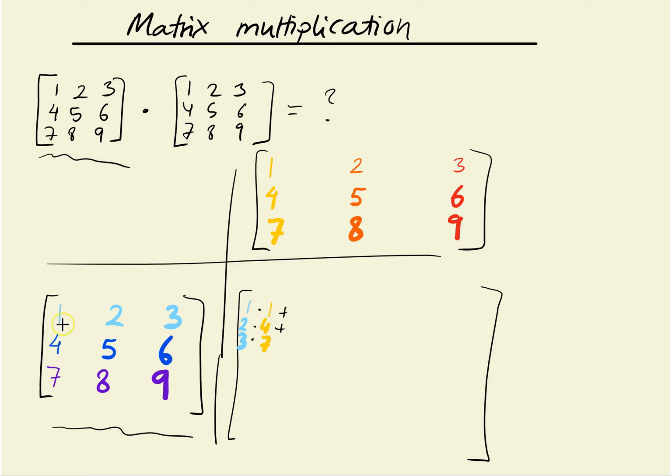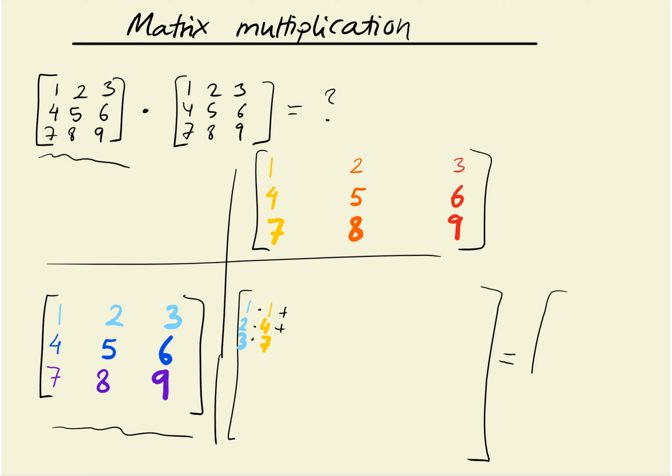You take the 1 and multiply it by this one plus 2 times 4 plus 3 times 7. In other words, you take the scalar product of these two vectors. You consider this as a row vector and this as a column vector, and you simply calculate the scalar product or the dot product of these two vectors.